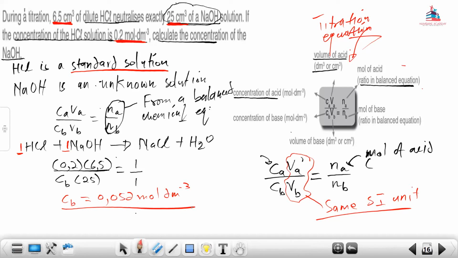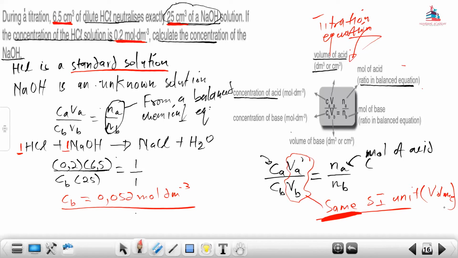Then I am happy with the solution. I am happy with the problem. I fully understand when and how to use the equation. The key thing was, let's emphasize looking for the same SI unit, especially for volume, because the only SI unit we have for concentration is mole per decimeter cubed for our syllabus.